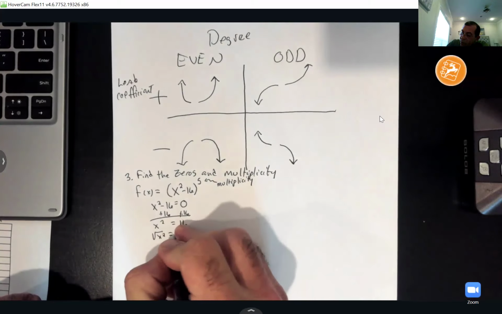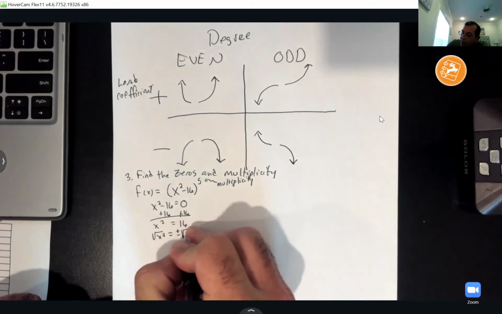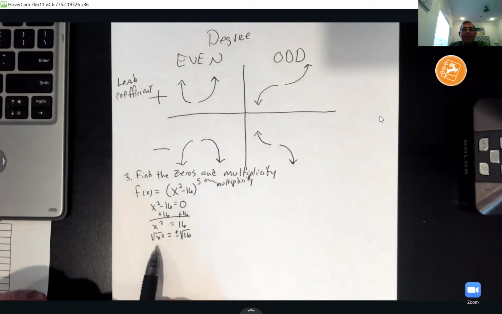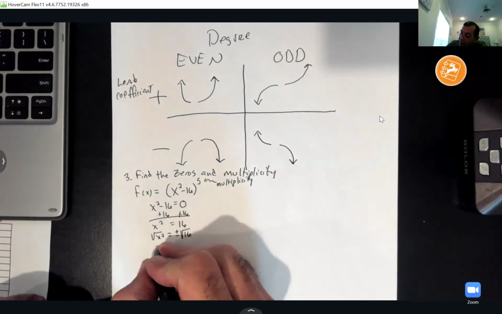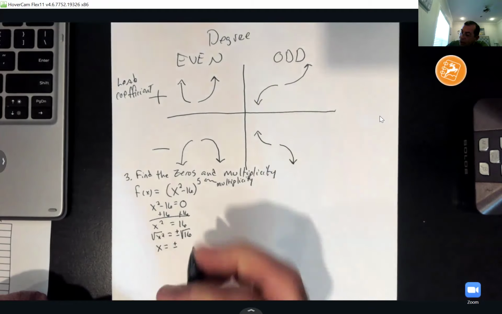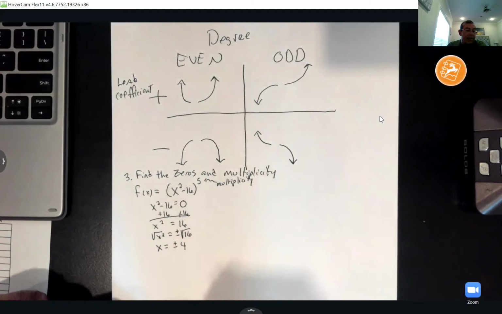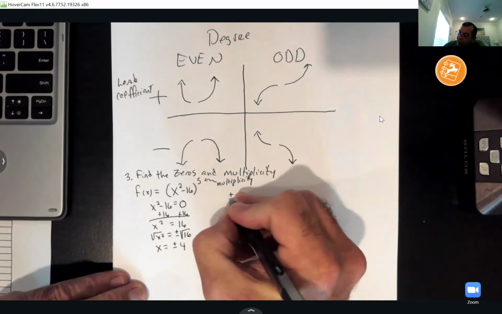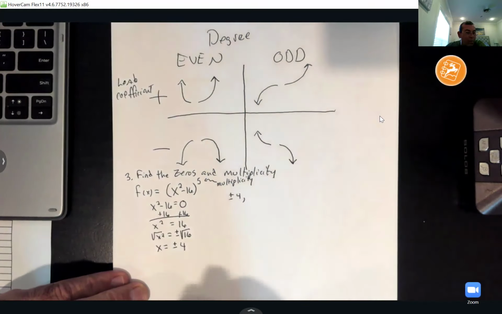Now, I'm taking the square root of a number, so I'm going to bring out the plus or minus, okay? So, the square root of x squared, the exponent cancels the radical, leaving the x. And then that'll be a plus or minus, and y'all, the square root of 16 is 4. So for this answer, you'll pick the one that has plus or minus 4.